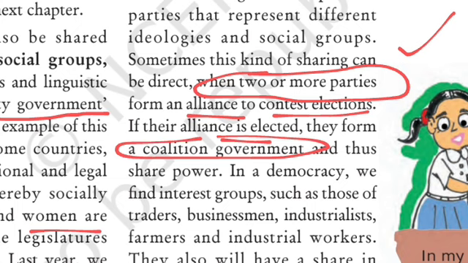And thus share power. In a democracy, we find interest groups such as traders, businessmen, industrialists, farmers, and industrial workers also. They also have a share in government power, either through participation in governmental committees or by bringing influence on the decision making processes, right?